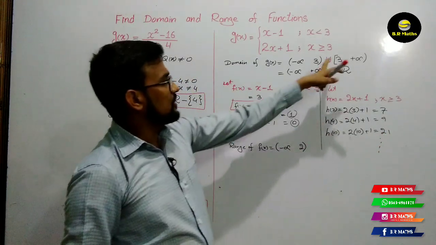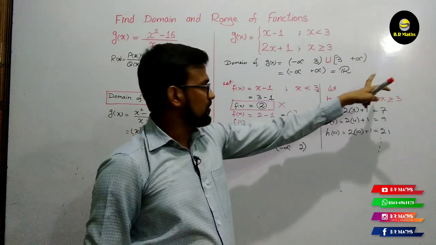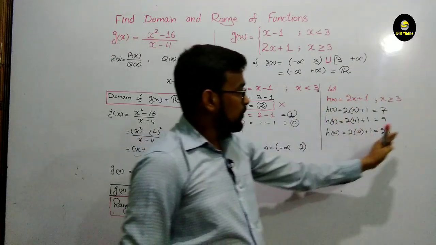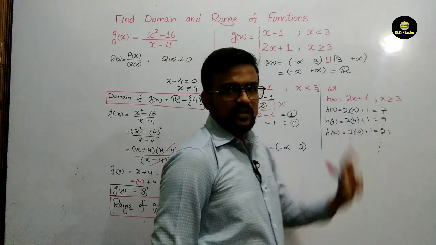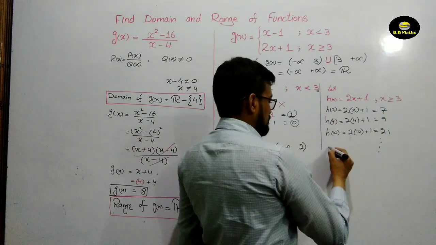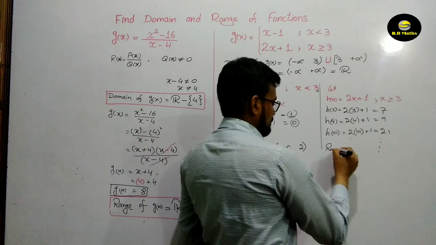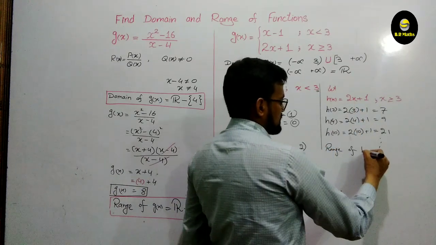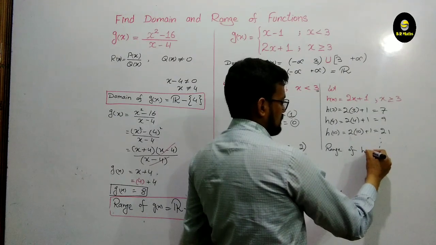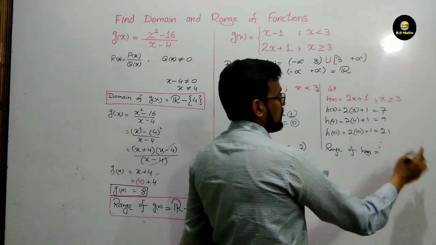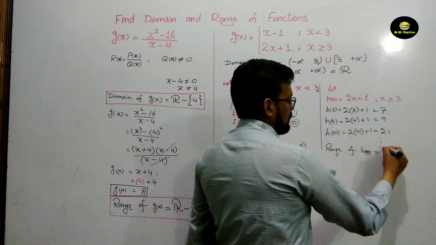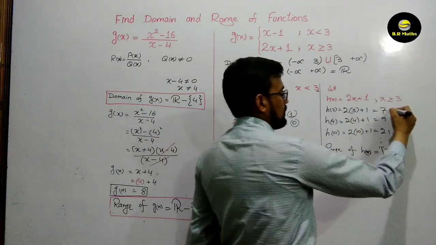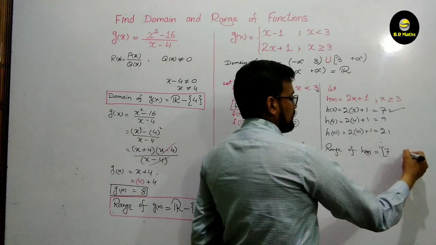You can put positive infinity, all positive values, so the final result is from 7 to positive infinity. So the range of h of x is 7, which is included because 3 is included, to positive infinity.